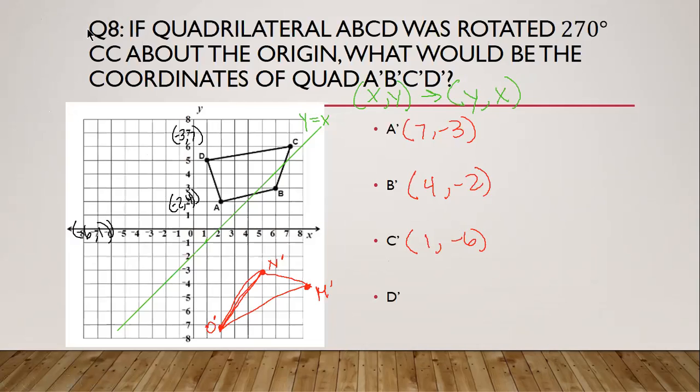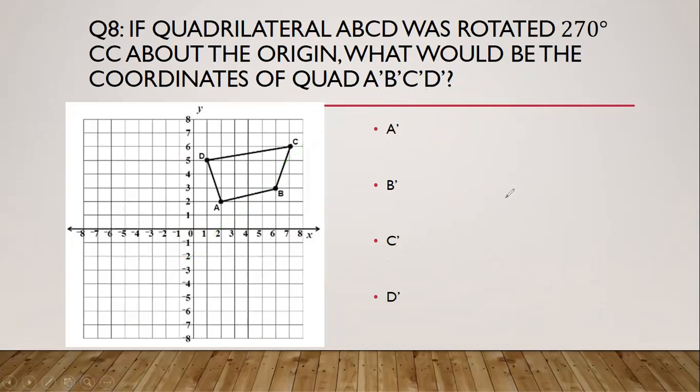Okay. So next one, number 8. If quadrilateral ABCD was rotated 270 degrees counterclockwise about the origin, what would be the coordinates of quadrilateral A prime, B prime, C prime, and D prime?